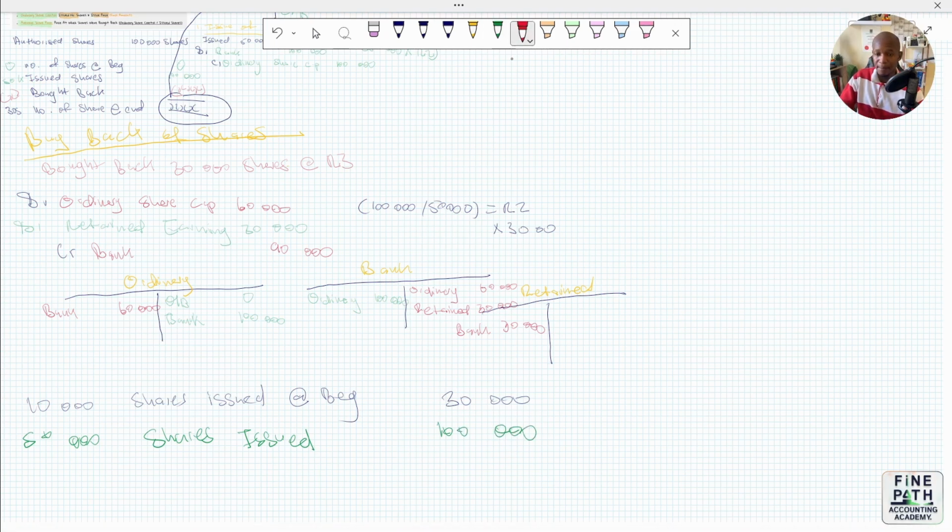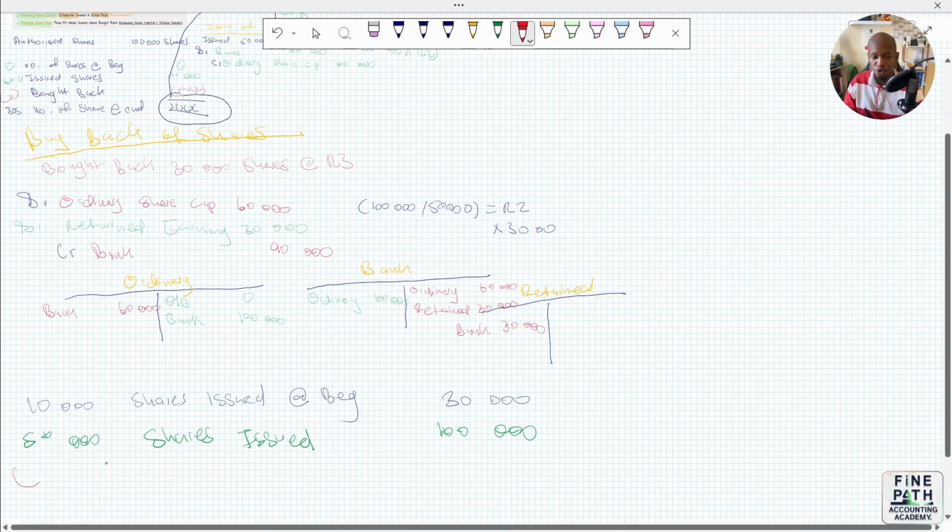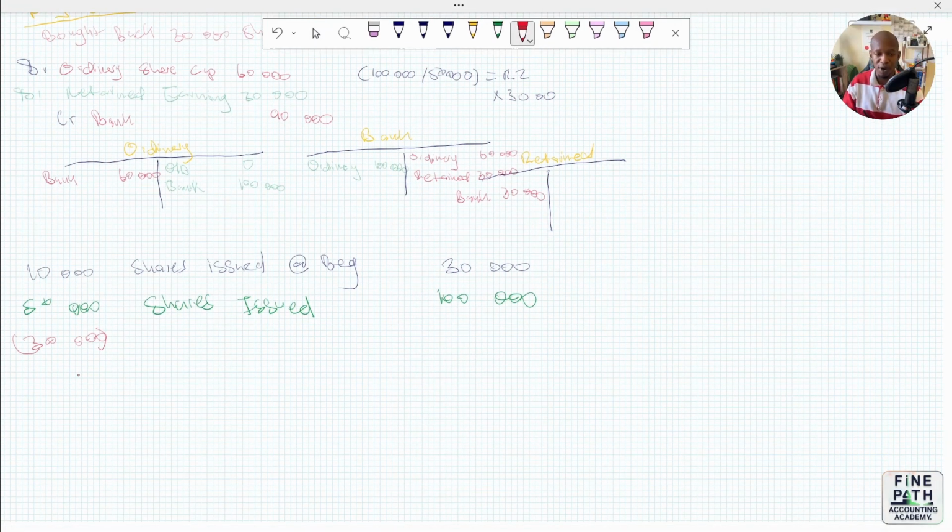And then at the end of the year we bought back 30,000 shares. So we need to reduce this here. We would have our 30,000 shares there, and these are shares bought back.